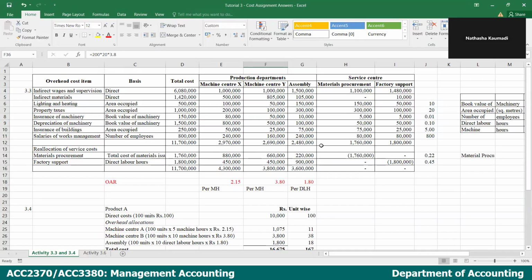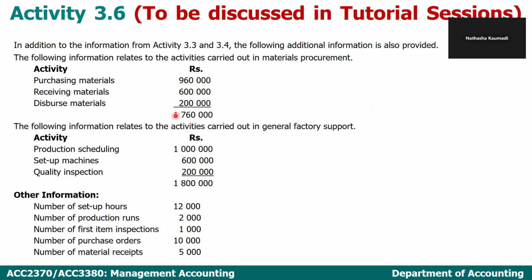Now, another thing. Can you remember the overhead analysis sheet we prepared for the previous question? If you take the material procurement department cost, what was the total cost? 1.76 million, isn't it? Now look at the total of this one based on the activities.